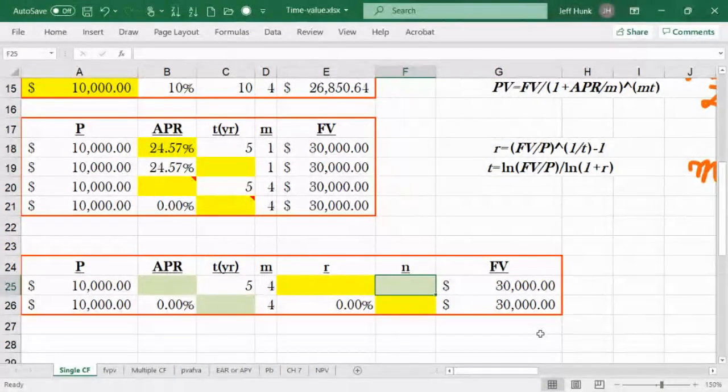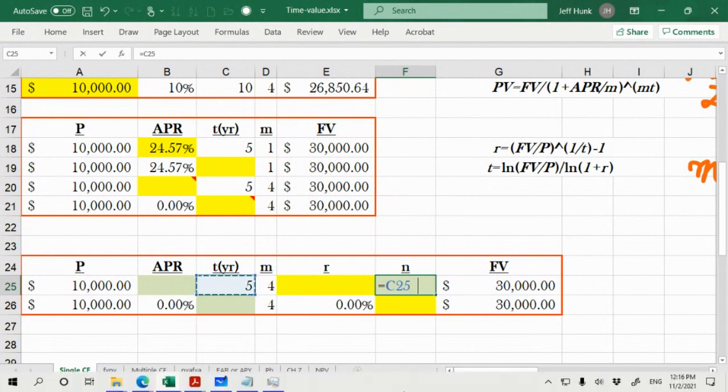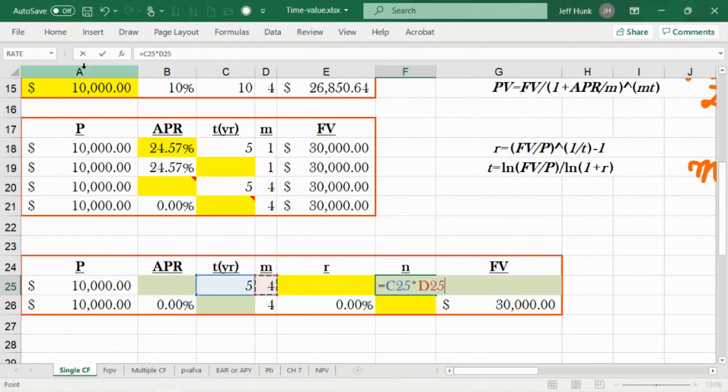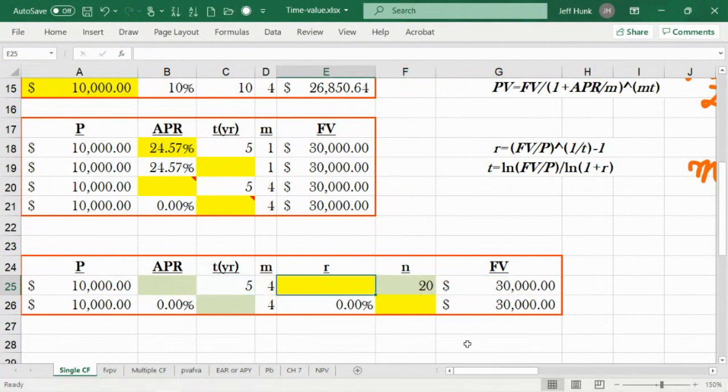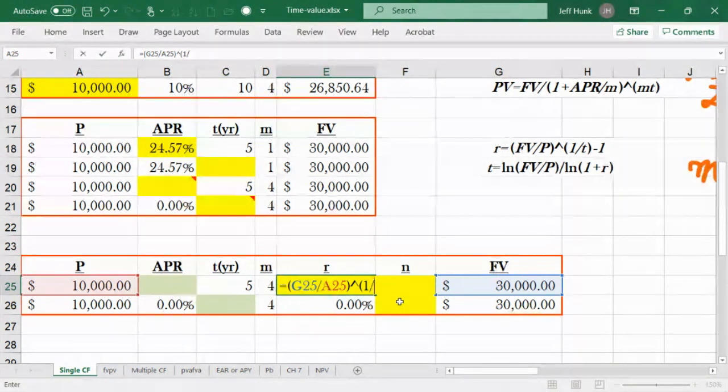So here, first, I will need to figure out how many compoundings actually happen over 5 years. And we know there's going to be 20 compoundings, right? And then let's use the formula for R, FV over PV, present value, raised to 1 over N, and the N is in, I cannot click it in, so I will just type it in.